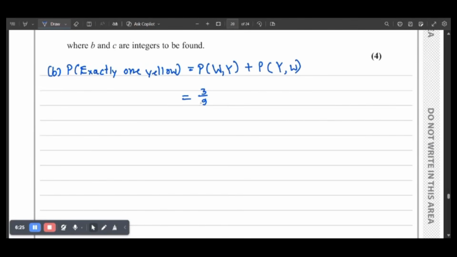The probability of choosing a white then a yellow will be the probability of choosing the white as the first one and the probability of choosing the yellow as the second one, which is 6 by 8. And the probability of choosing a yellow and then a white will be the probability of choosing yellow as the first, which is 6 by 9, into the probability of choosing white as the second, which is 3 by 8.